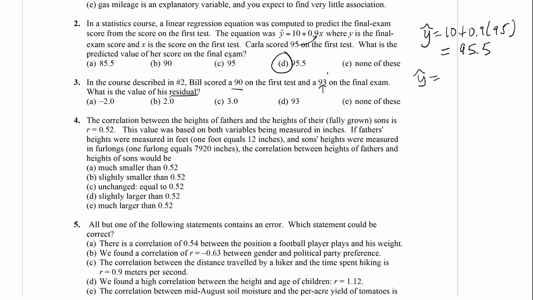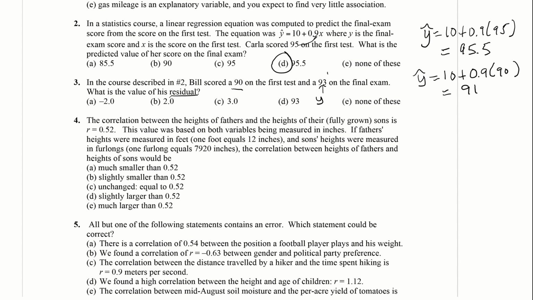His actual score on the exam we call Y, but we want to find the Y hat. So we have 10 plus 0.9 times 90, and that gives us his Y hat to be 91.